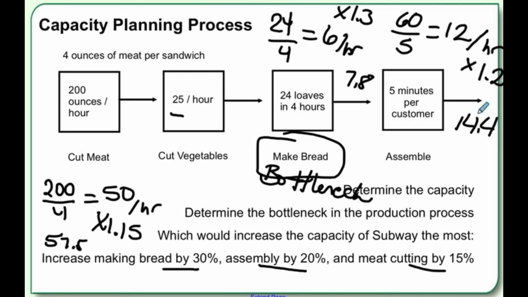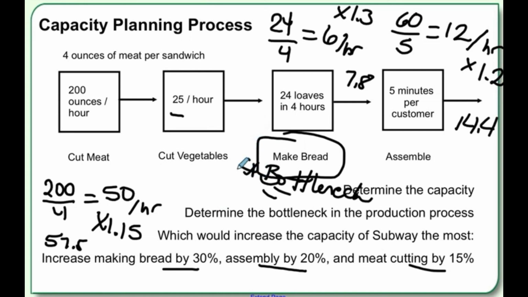But notice that any improvement in the meat cutting makes no difference to your capacity. Any improvements in the assembly time make no difference to your capacity because of the bottleneck. So when you're looking at dealing with the gap between forecasted demand and capacity, where you need to focus is the bottleneck.